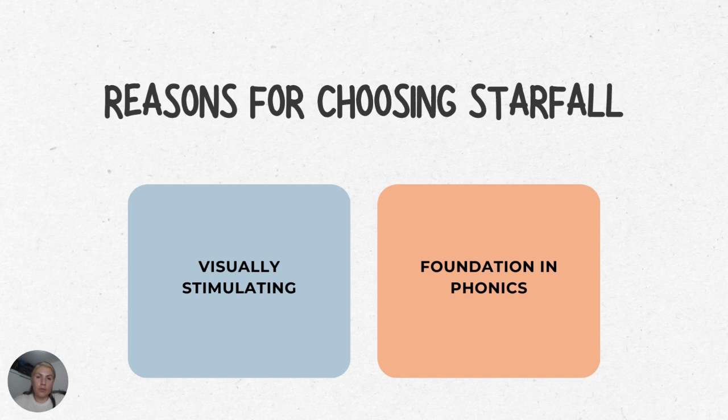So the reasons why I chose Starfall, it's because it's visually stimulating. I think that one of the things that we were missing from the resources that we study in class was something that was really interesting for kids.